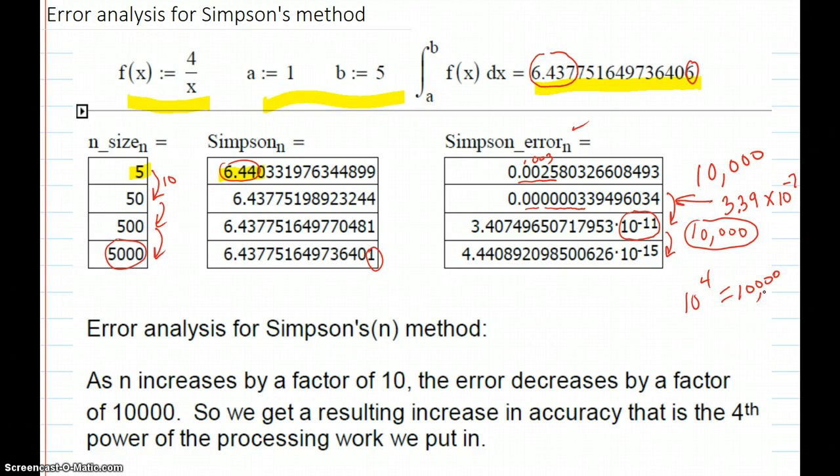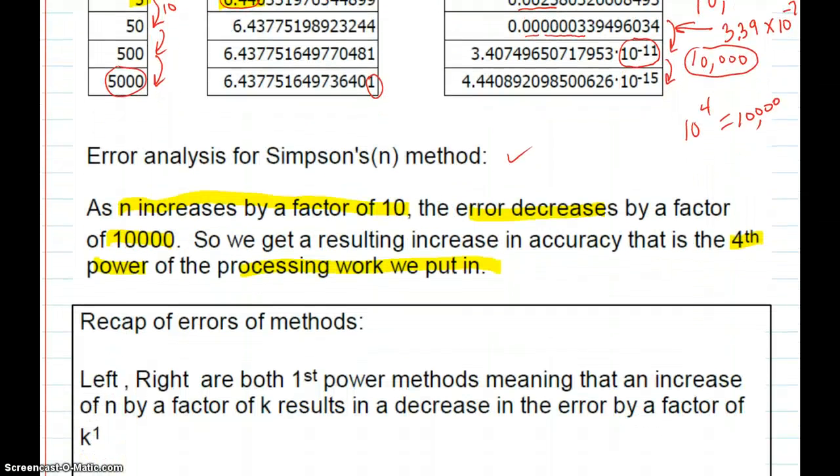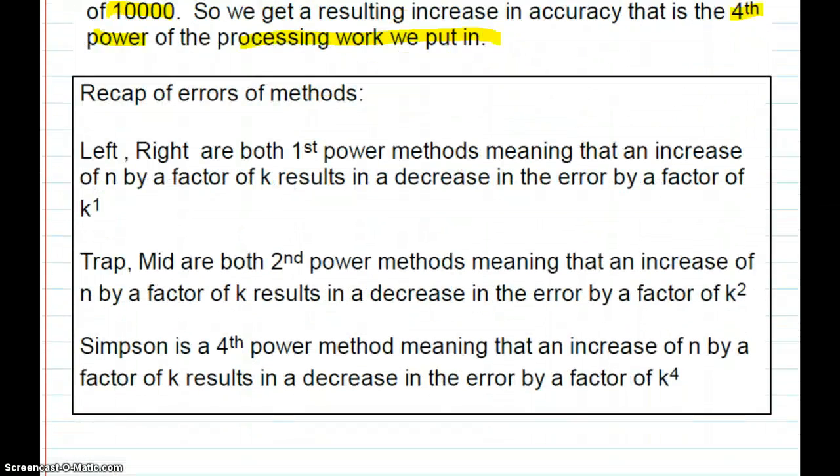So that leads us to this final conclusion. As n increases by a factor of 10, the error decreases by a factor of 10,000. So we get a resulting increase in accuracy that is the 4th power of the processing work we put in. That's a great method.